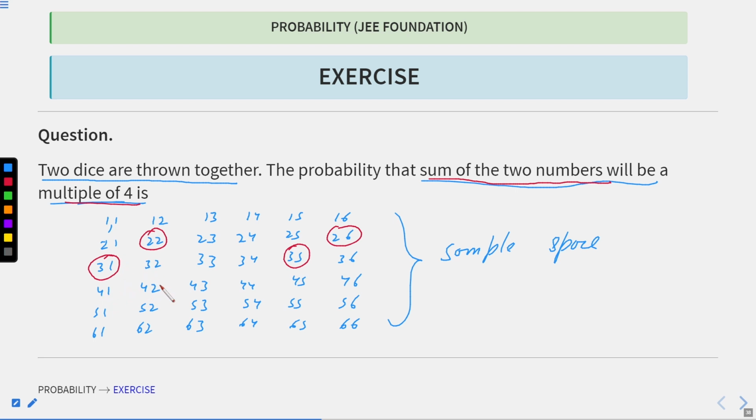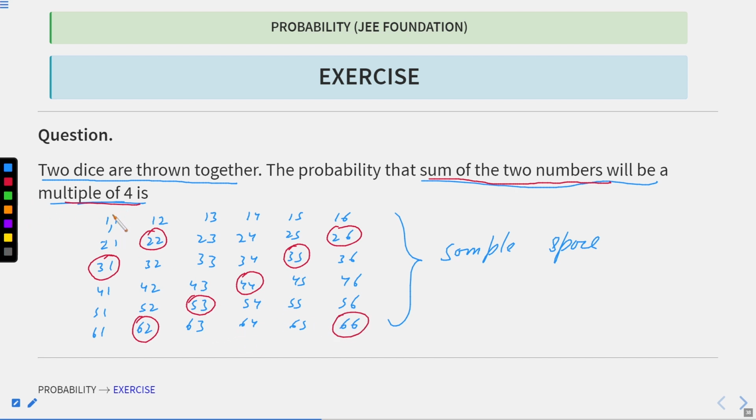Yes, now 4 4 is a multiple of 4. Now 5 3 is also a multiple of 4. This is also a multiple of 4. This is also a multiple of 4.